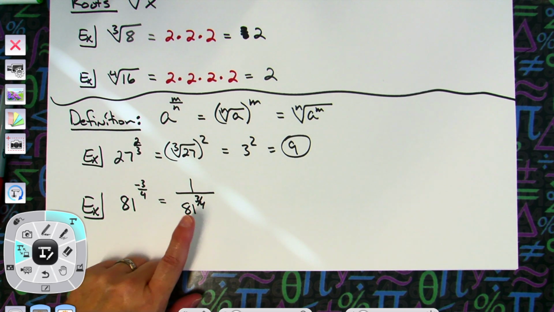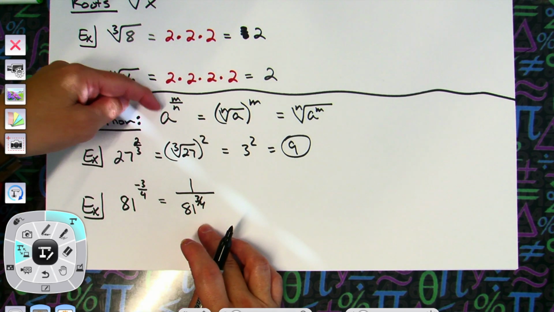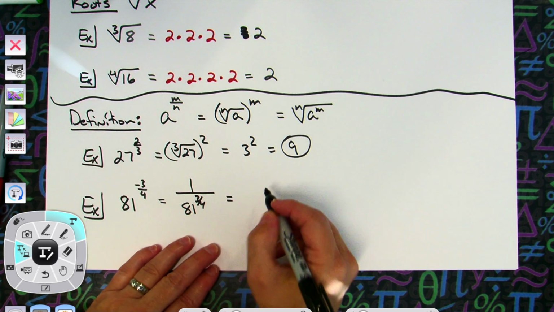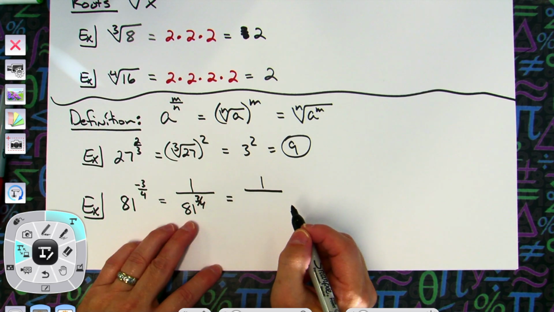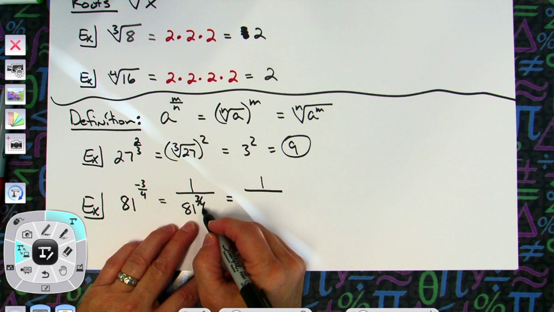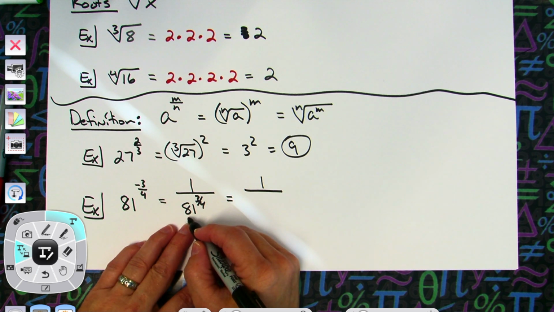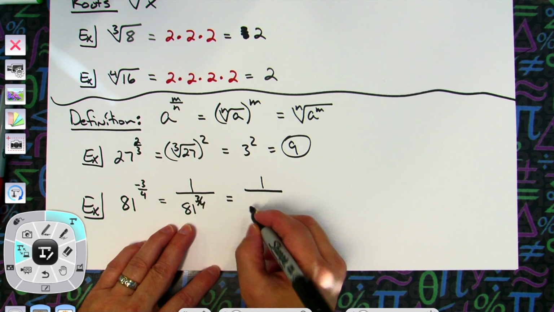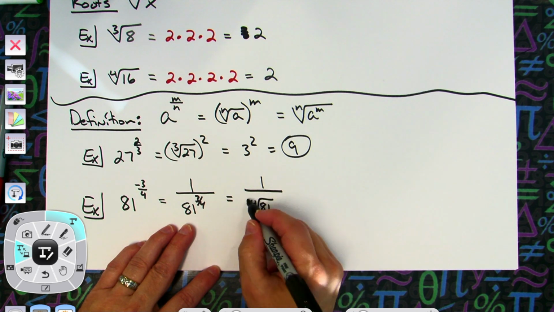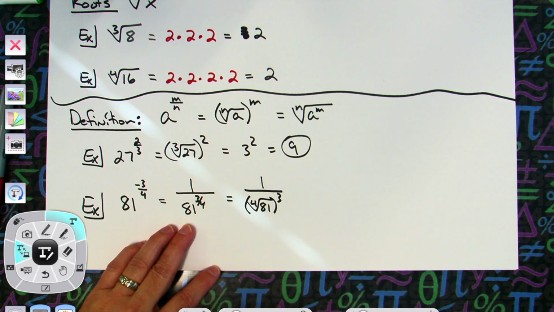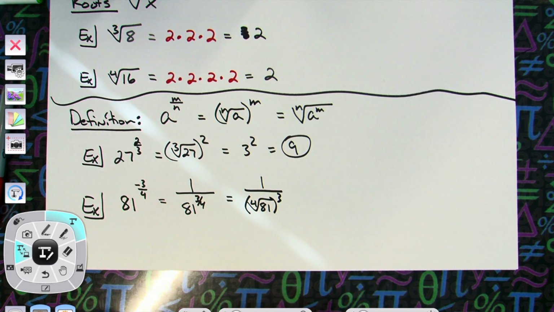Then apply this rule. Again, I want to take the 4th root of 81 so that I get a small number, and then raise it to the 3rd power. 4th root of 81: you might know what that is.